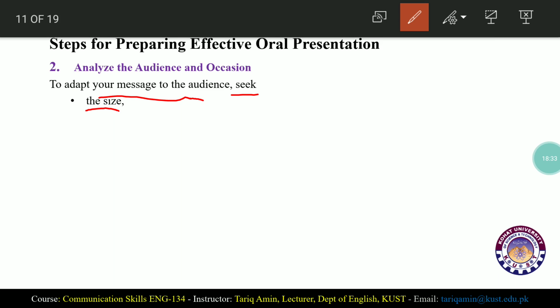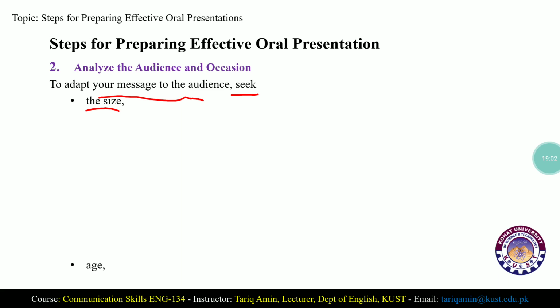For example, the size of your audience may be 2 people, it may be 10, it may be 15, it may be 10 students, 15 students, 20 students, or 100 students, 100 people, etc. So you should always keep in your mind the size of your audience, and you should adapt your message in accordance with the size of the audience.